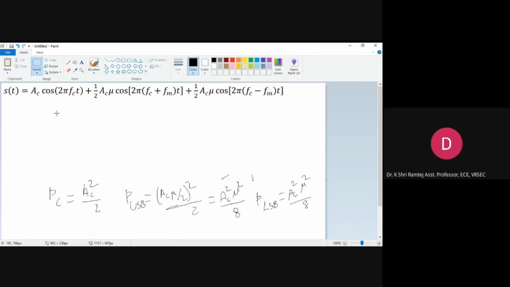Now if we represent the power of the upper sideband in terms of carrier power, since it is AC square mu square by 2 into 4, and AC square by 2 is nothing but the power of the carrier, we can represent it as PC into mu square by 4, which is also equal to the power of the lower sideband.